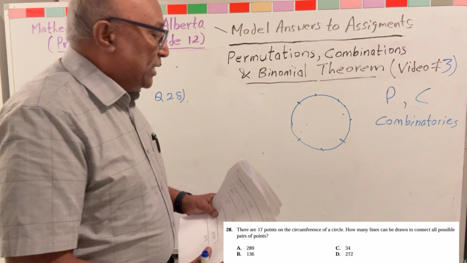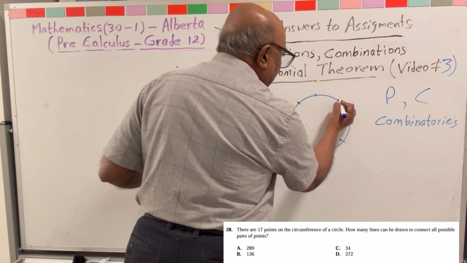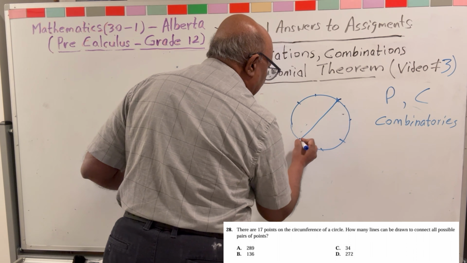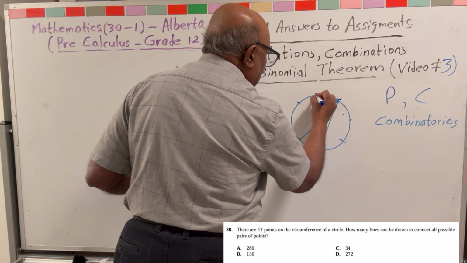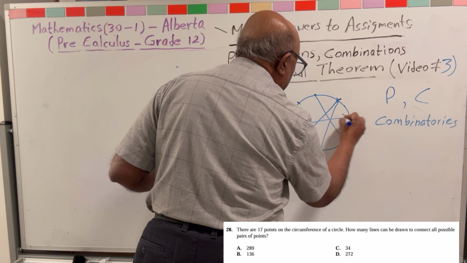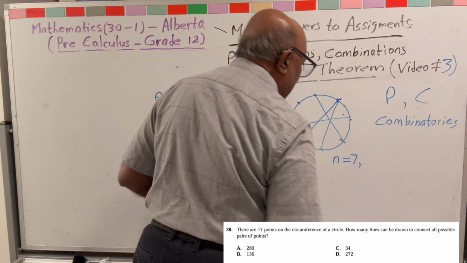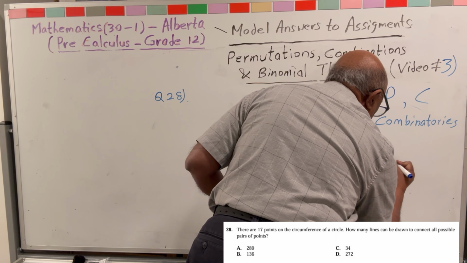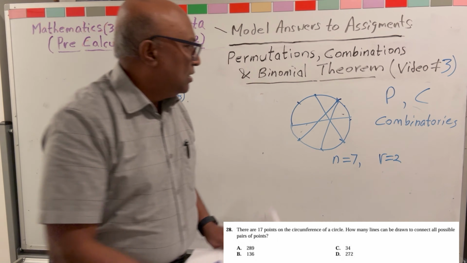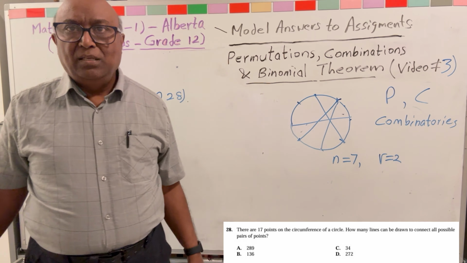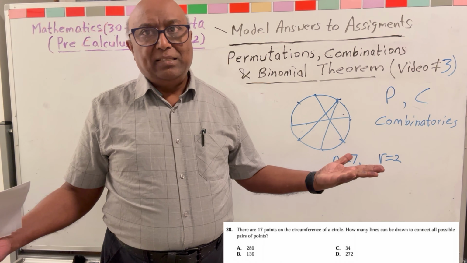What do you have to select actually? The number of lines. That means we have to group 2 points. This is one line, this is one line, this is one line. That means out of 17, at a time you have to select 2 points. Drawing or not drawing the line doesn't matter.